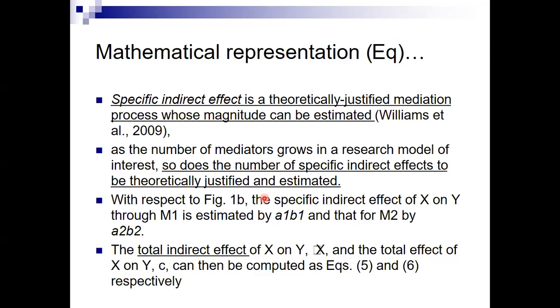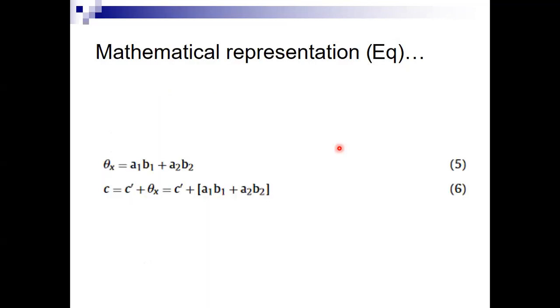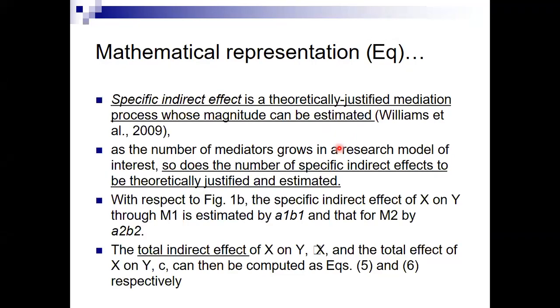So as the number of mediators increases, 2, 3, 4, 5, the number of specific indirect effects to be theoretically justified also increases, and to be estimated also increases. All right. So for example, with respect to figure 1B, the specific indirect effect of X on Y through M1 is estimated as A1 B1, okay? And that of M2 will be A2 B2, okay?